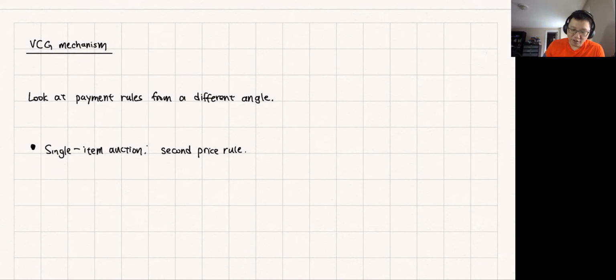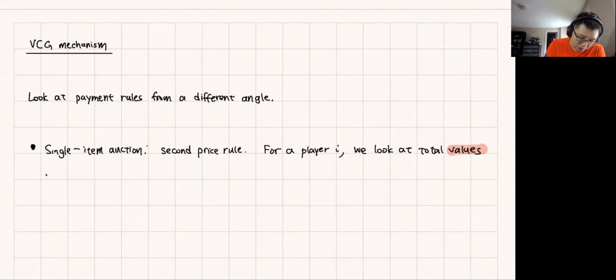So for a player I, we look at total values, and this is important because this is values and not utility. Total values received by all other players, I should say.